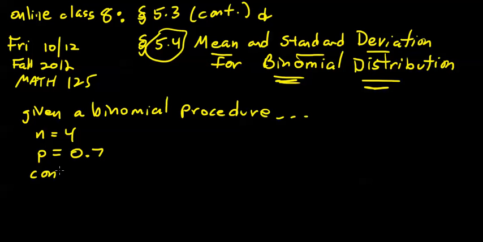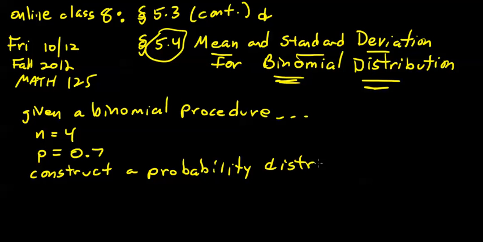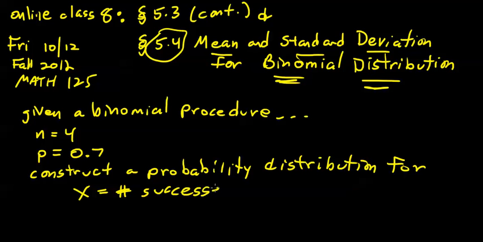And let's say I want you to construct a probability distribution for x, where x equals the number of successes in these 4 trials.